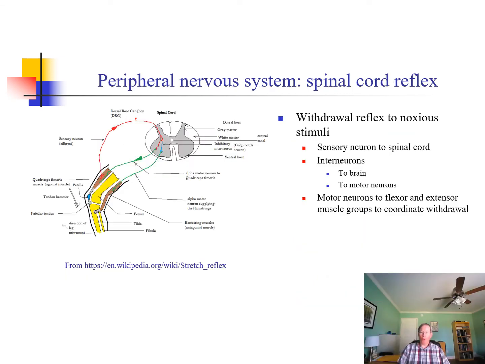Now they do coordinate, and this does not involve the brain, and that is through a reflex mechanism called the spinal cord reflex. And this is important for our survival, for example, because it may take a little bit too long to think about something and then make a course of action.